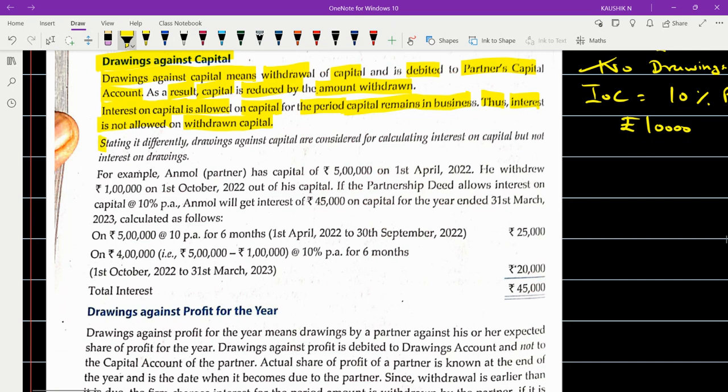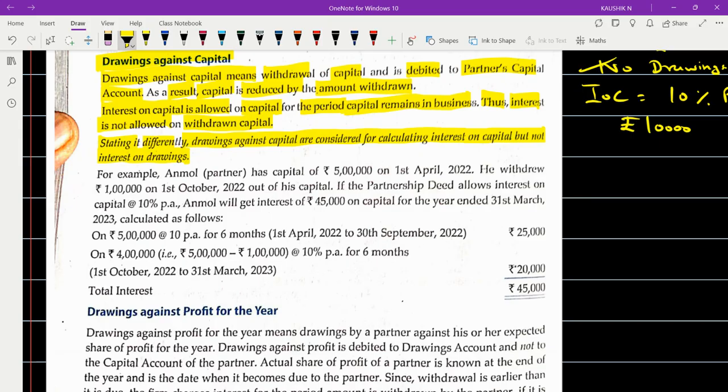Stating it differently, drawings against a capital are considered for calculating interest on capital but not for the interest on drawings. Please make this point very clear in your mind. It can be asked in an MCQ, true or false, or in assertion and reasoning.